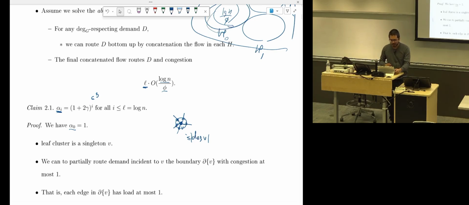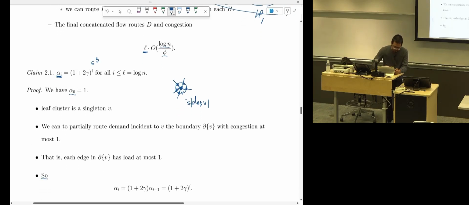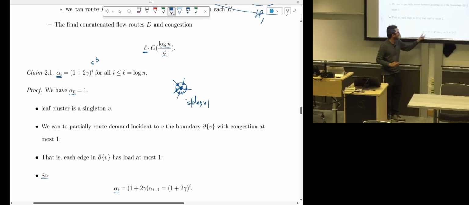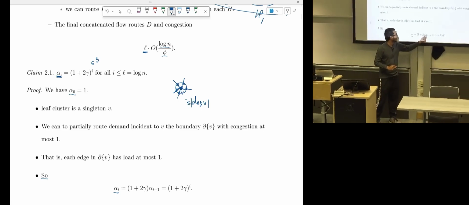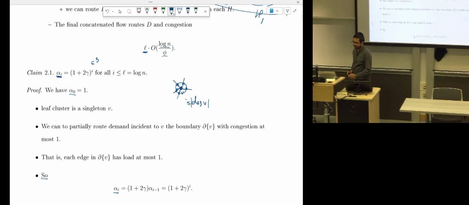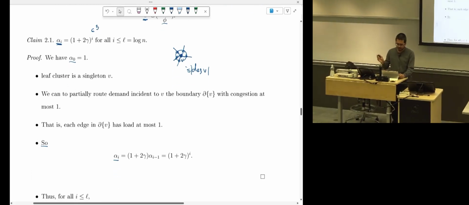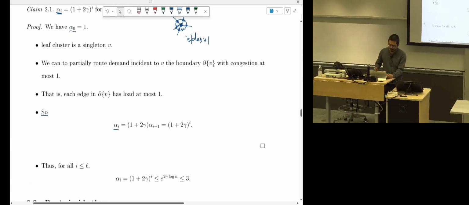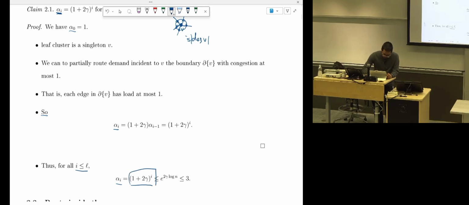Okay. But then for the next level, we promise that alpha I is just at most this much times alpha I minus 1. So just unfolding this, by induction, you get (1 plus 2 gamma) to the I. But then it means that for all levels L, alpha I is this, but what is this?